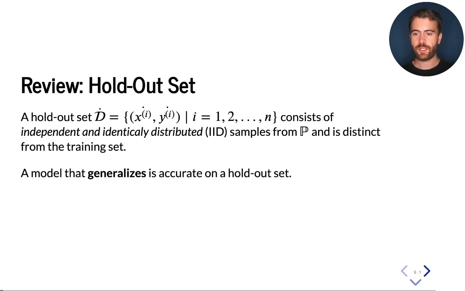And in order to estimate whether our algorithms generalize well, we introduce this concept of a holdout set, which is a data set from the same distribution, but that is distinct from the training set. If we have correctly learned the signal that's in the data, then we should generalize to this new data set, and we should also have a high accuracy on this separate holdout set. That is how we know whether we have successfully trained a machine learning model.